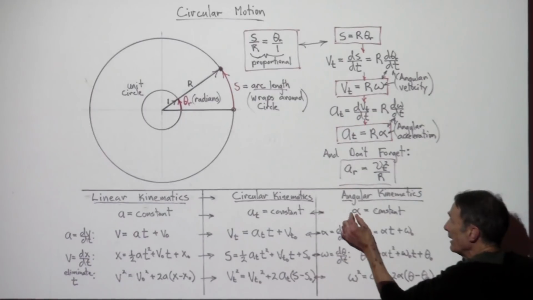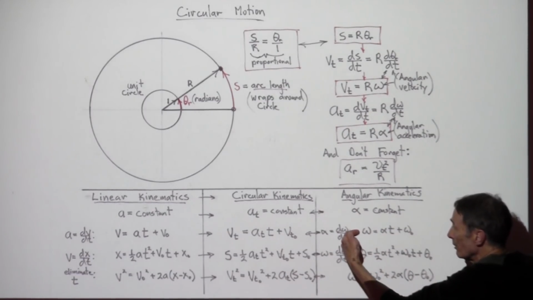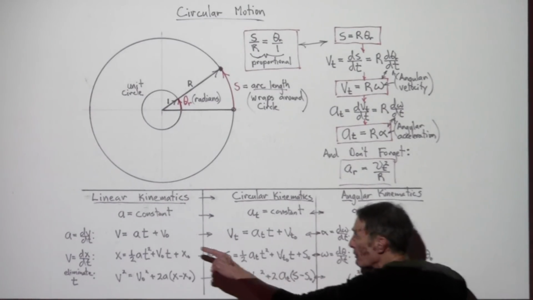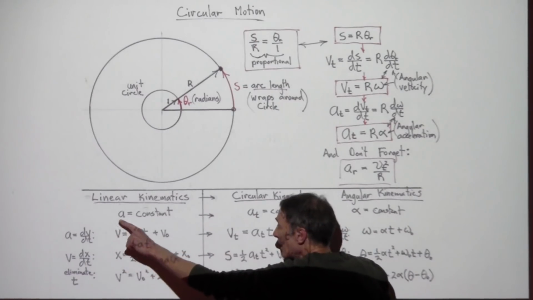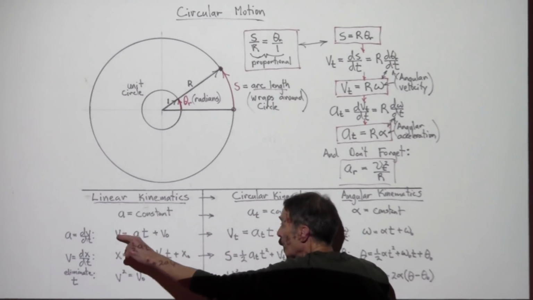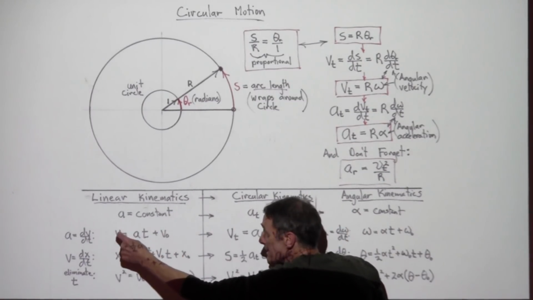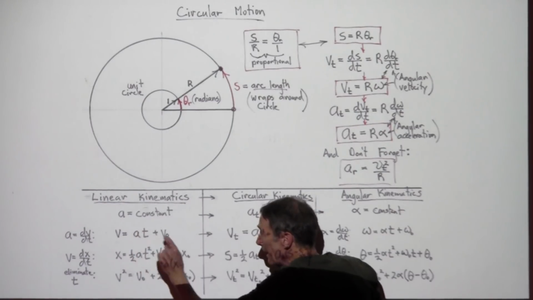we said the angular acceleration is a constant, and then I take the integral of that. Looks a little strange with all these Greek letters, but it's really mirroring this. If you look at this expression, in linear terms we have velocity, in angular terms we have an omega. You can just replace this with an omega. Instead of an acceleration, we put in an alpha.